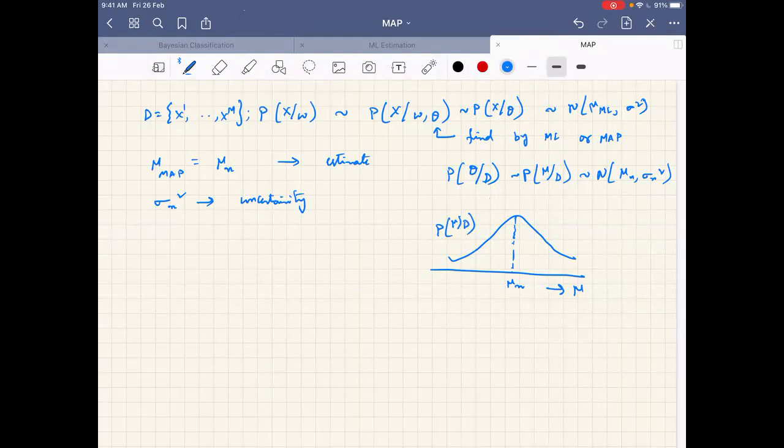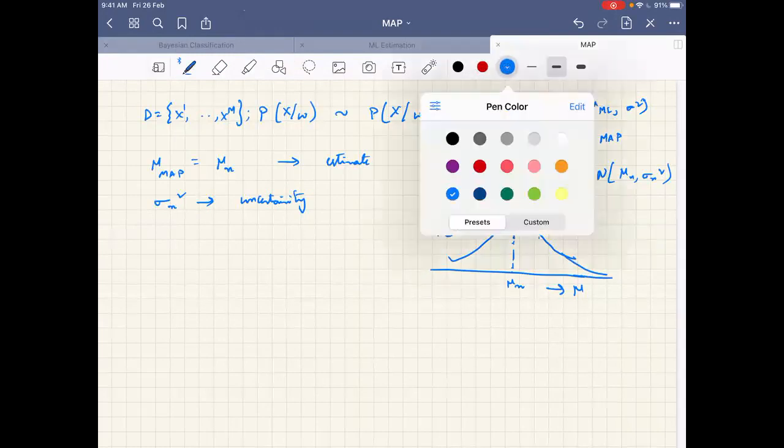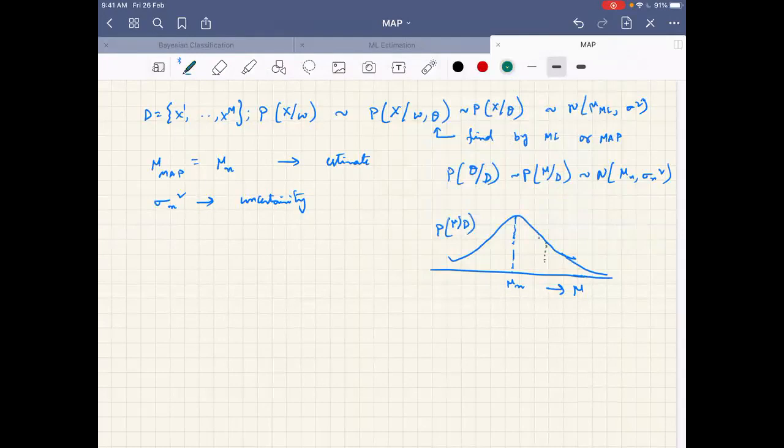Yes, sir. So for example, this mu may also be possible, and this also is possible, but these are all possible with lesser probability than the one the MAP estimate picks.